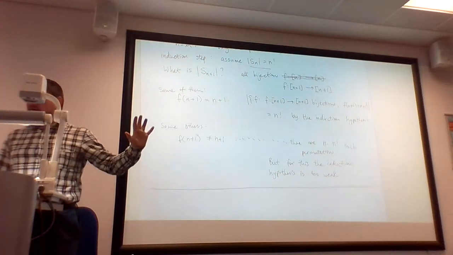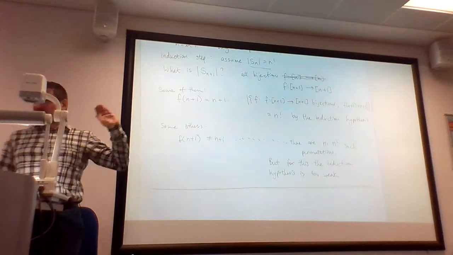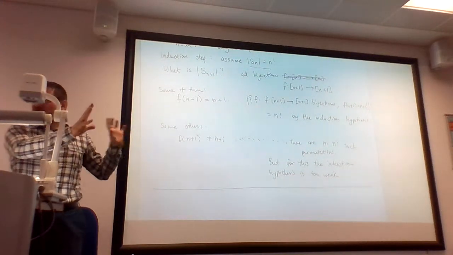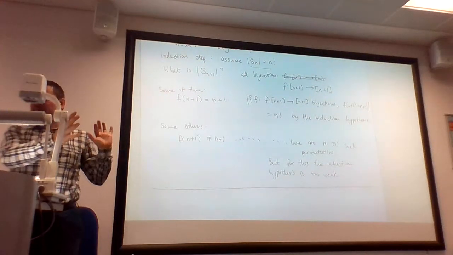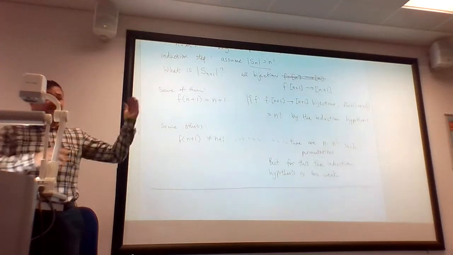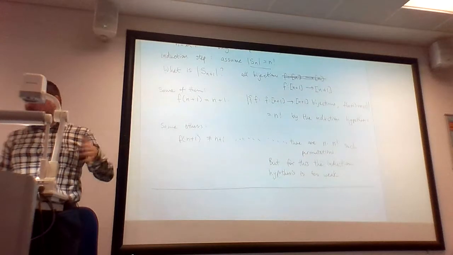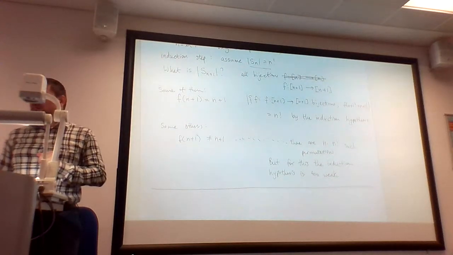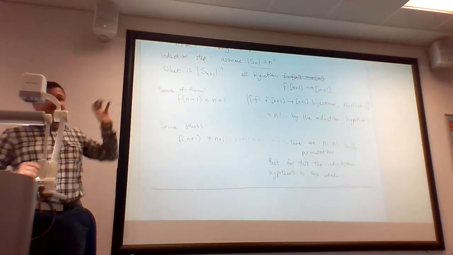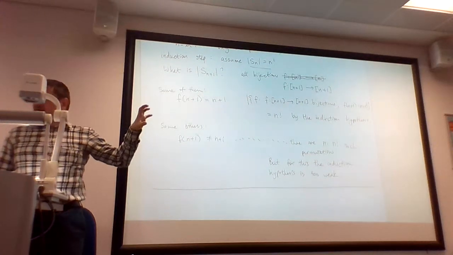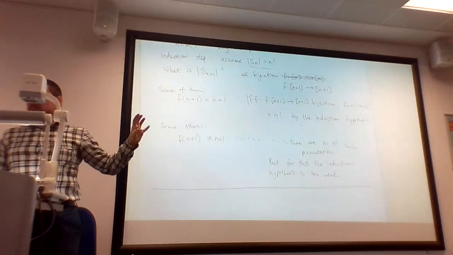You still need something else for this, namely that if you have two arbitrary n element sets, there are n factorial bijections between them. It doesn't matter what the elements are called. Maybe I wasn't clear about this, but what you're assuming is that if you have one n element set, the number of bijections from that set to itself is n factorial.